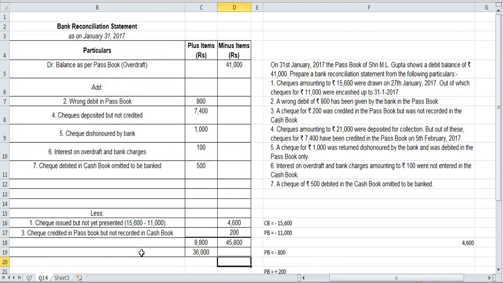Okay, now in front of this we're going to write down credit balance as per cash book, overdraft. The same amount we'll write down, 45800.